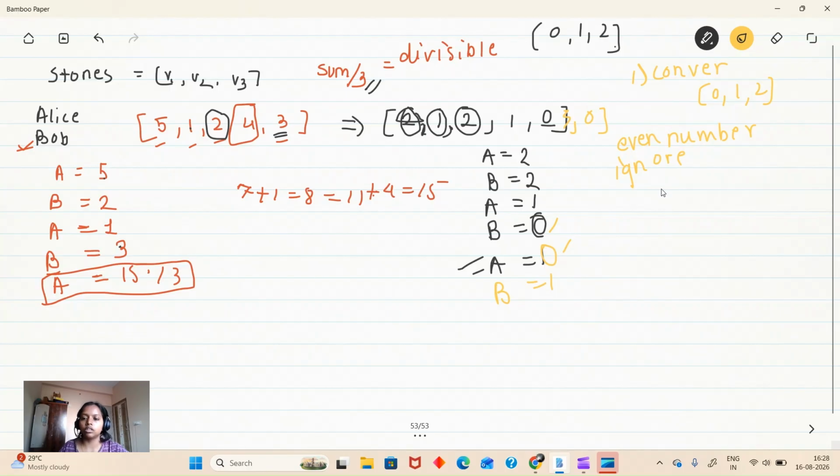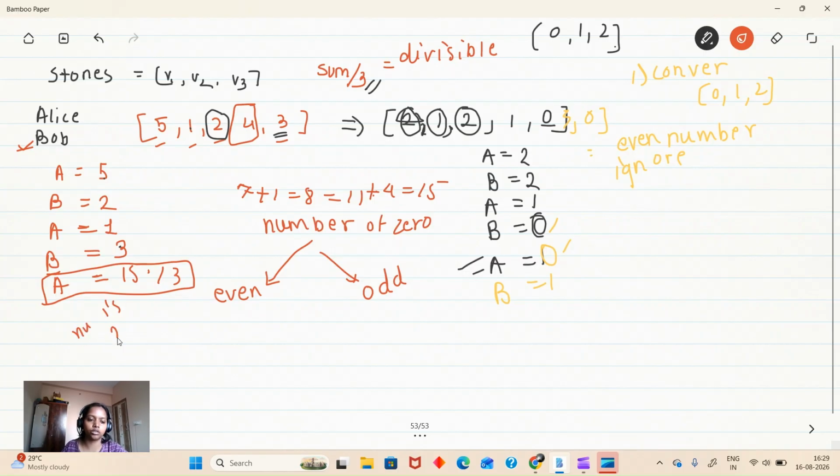Okay, now this is done. Now we can divide this problem into two. How? If my number of zeros is even and if it is odd, then we can divide it. If it is even, we are only focusing on number of ones and twos.